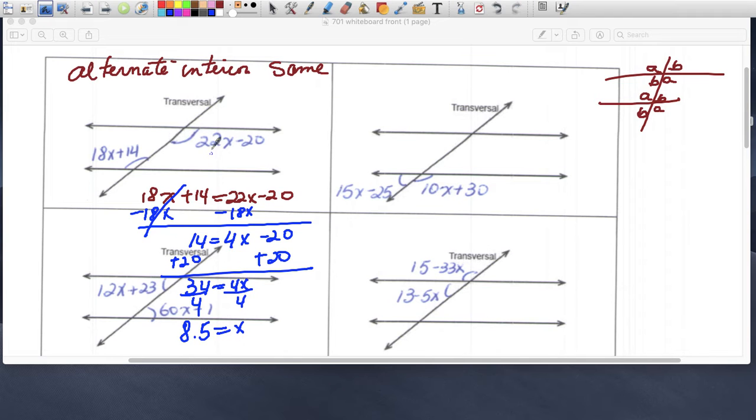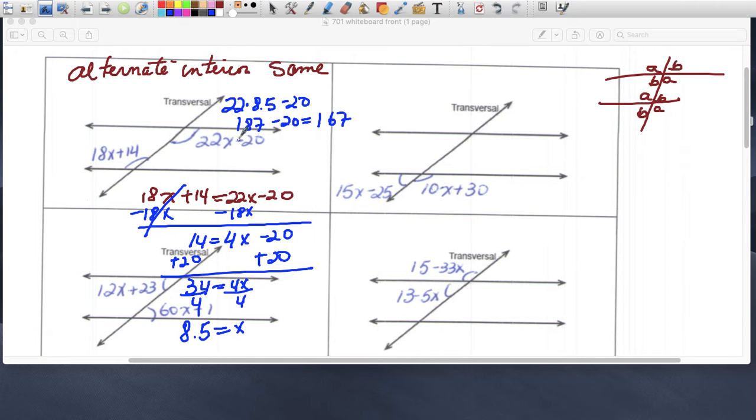So x equals 8.5, so we can come over here and do 22 times 8.5 minus 20. 22 times 8.5 is 187. 187 minus 20 equals 167.